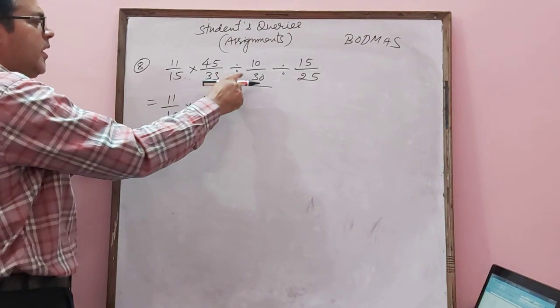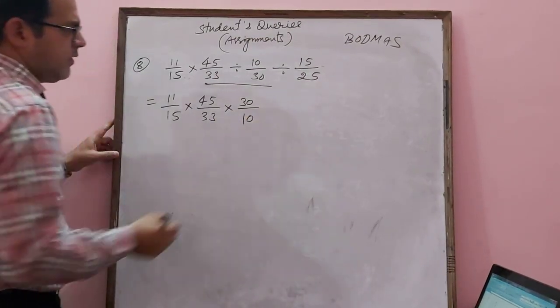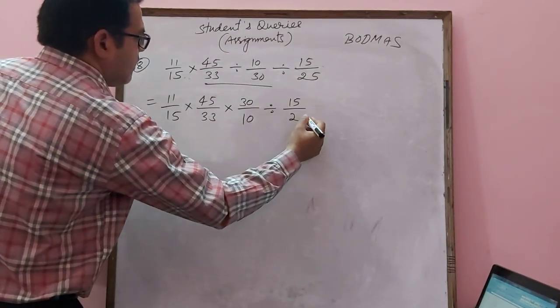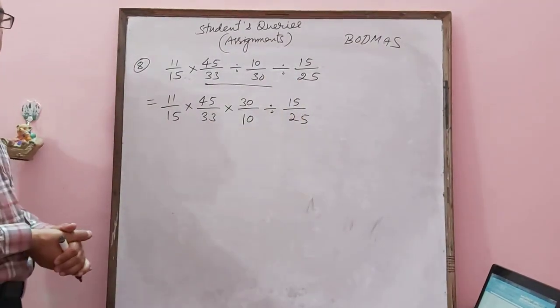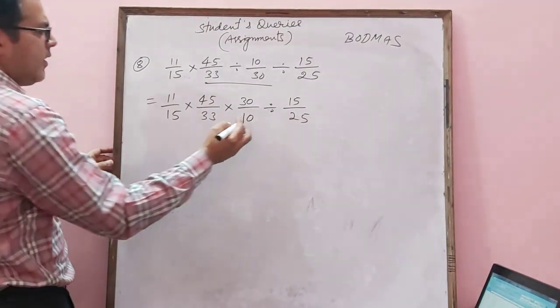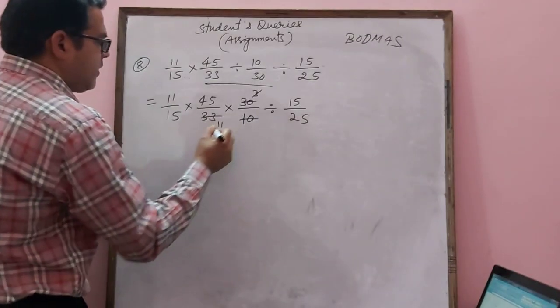Changing this division into multiplication after taking the reciprocal, like this. And this division we can write as it is. Right? Now we have to solve this one. You can see here, by 10, 3 times it's divisible. And by 3, 11 times it's divisible.